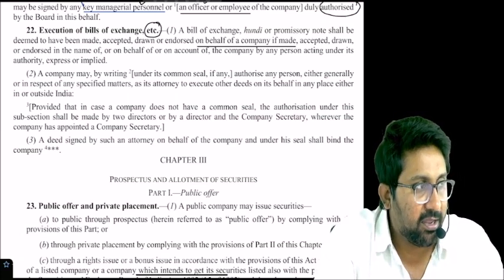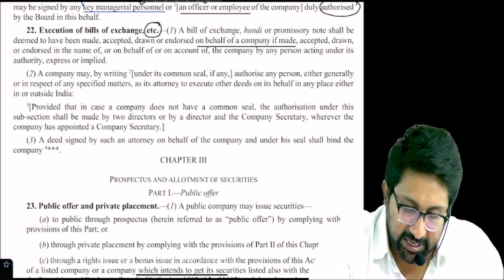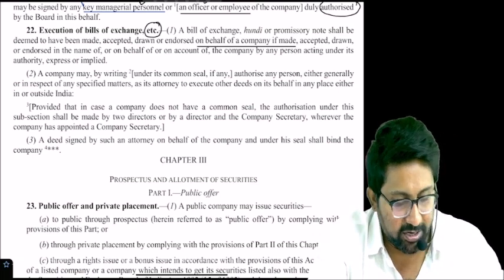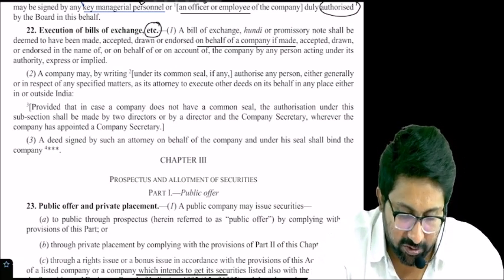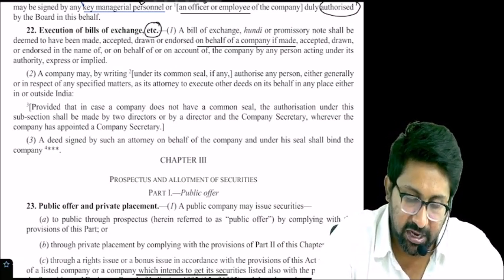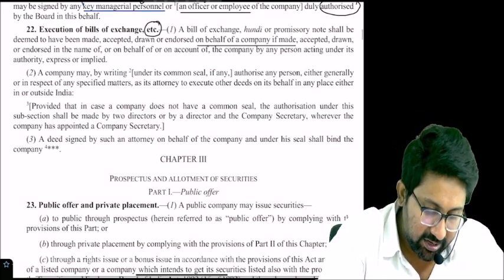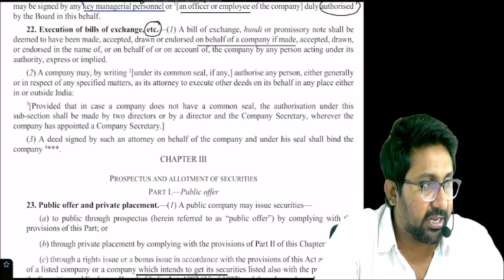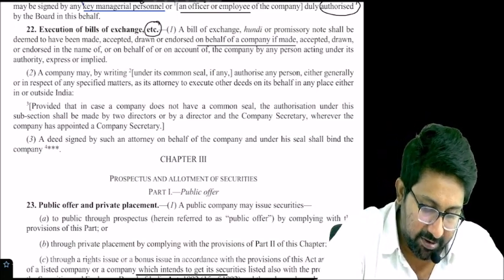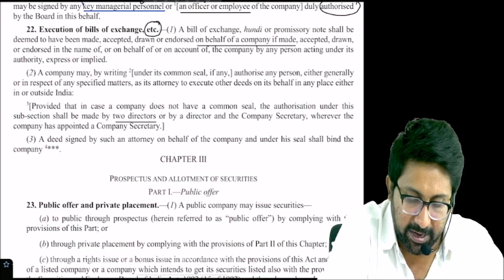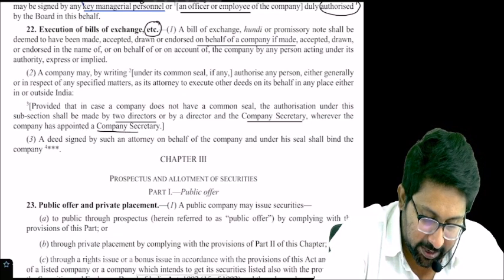A company may, by writing under its common seal, if any, authorize any person, either generally or in respect of any of the specified matters, as its attorney, to execute other deeds on its behalf in any place, either in or outside India, provided that in case a company does not have a common seal, the authorization under this subsection shall be made by two directors or by a director and the company secretary, wherever the company has appointed a company secretary.